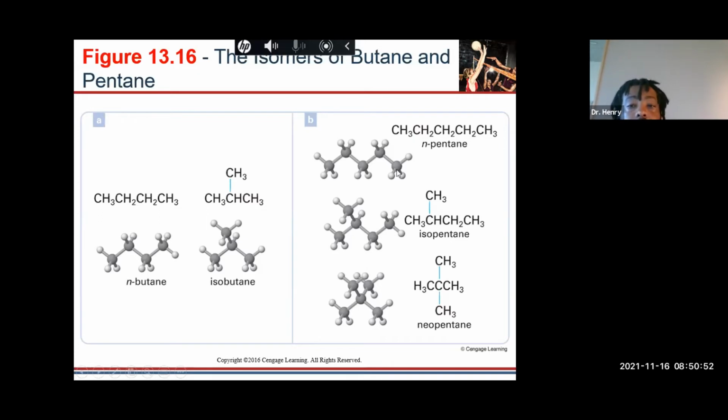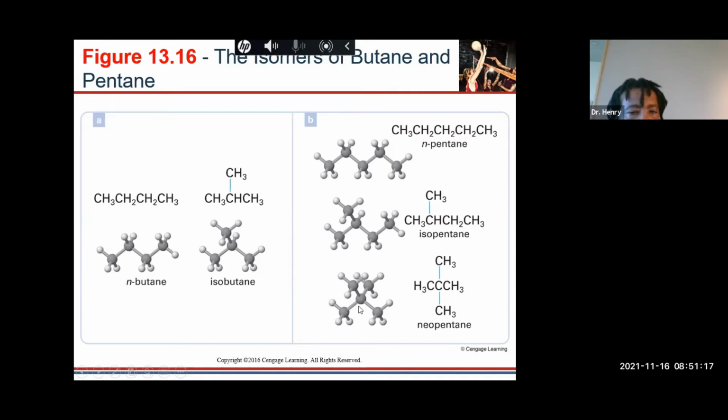So here's another example. This here is n-pentane. This is isopentane, and this is neopentane. N-pentane, they're all in a straight line. Isopentane, again, we have a methyl group here, but a total of 5 carbons. And then this one would be neopentane.